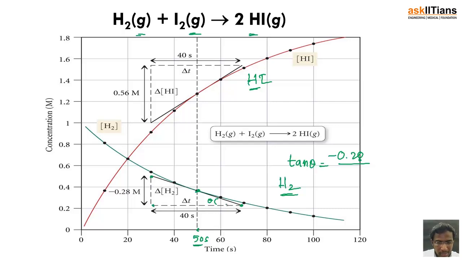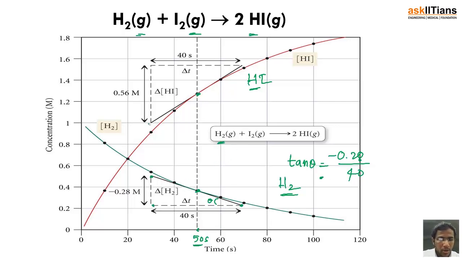From this triangle we can calculate the tan theta value, that is 0.28 by 40, which will give the instantaneous rate at 50 seconds. And here the rate is calculated in terms of the reactant H2, but we can also calculate in terms of products.